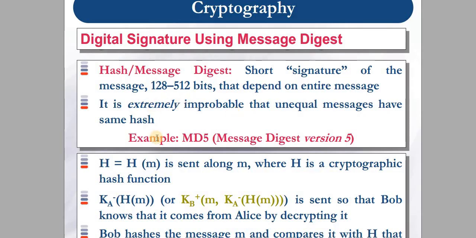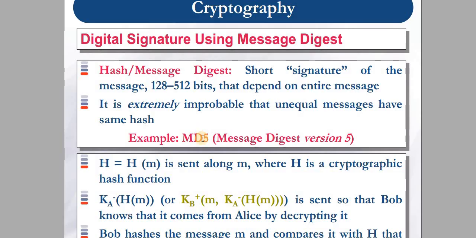An example of a hashing function or hashing algorithm is MD5, which is message digest version 5, which is nowadays proven to not work 100%. This algorithm can fail sometimes. So in other words, you can find two different messages which can have the same hash value if you use this hashing algorithm.